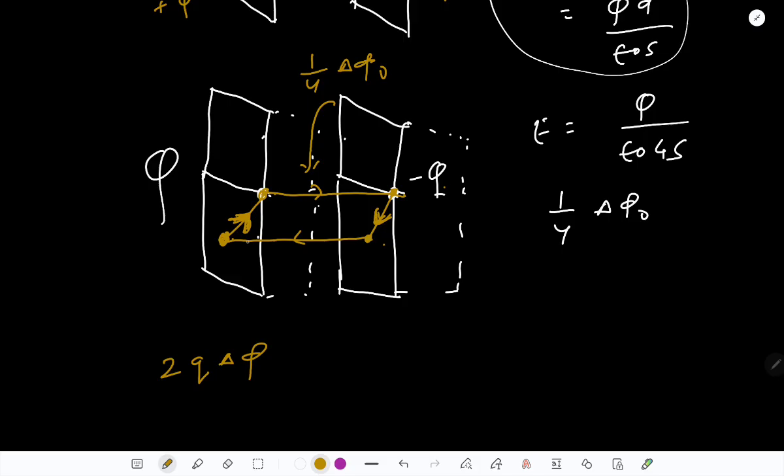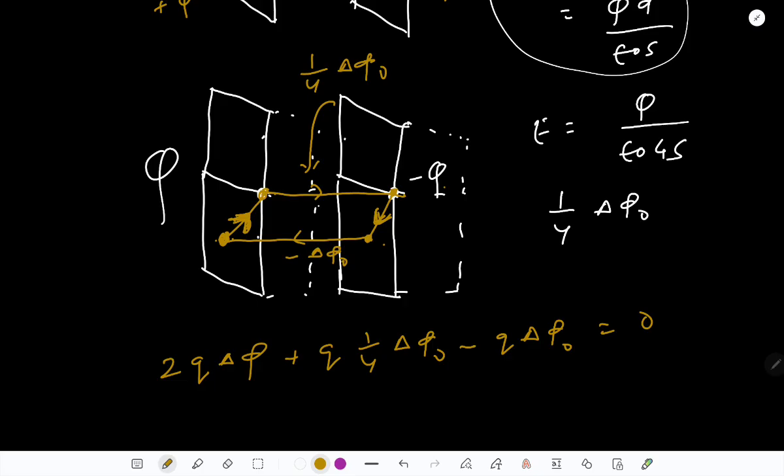So the potential difference between this and this is minus delta phi naught simply. So you can write your results as work done in moving a positive charge from here to here is plus q times 1 by 4 delta phi naught, and then here to here as minus q delta phi naught.